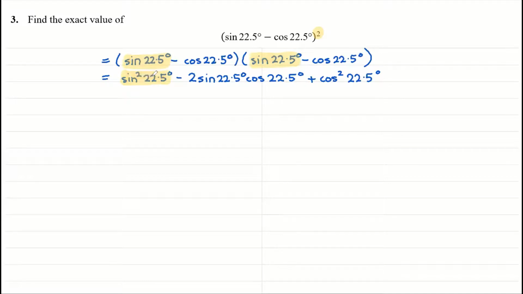And similarly, when we multiplied the negative cos by itself, the two negatives made a positive, and we got the plus. And then we have the collecting like terms in the middle, so we have two lots of the sine 22.5 multiplied by the cos of 22.5.